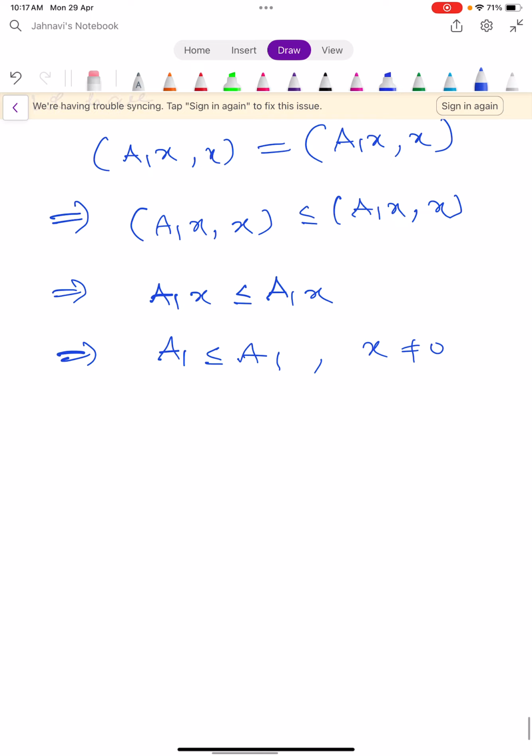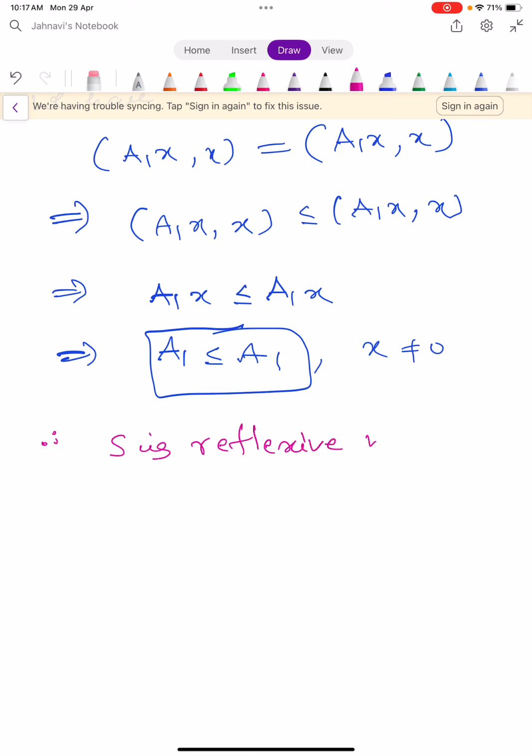So this condition shows us a1 less than or equals to a1. This condition shows us the set S is reflexive. Therefore, capital S is reflexive with respect to the ordered relation less than or equals to. That's it.